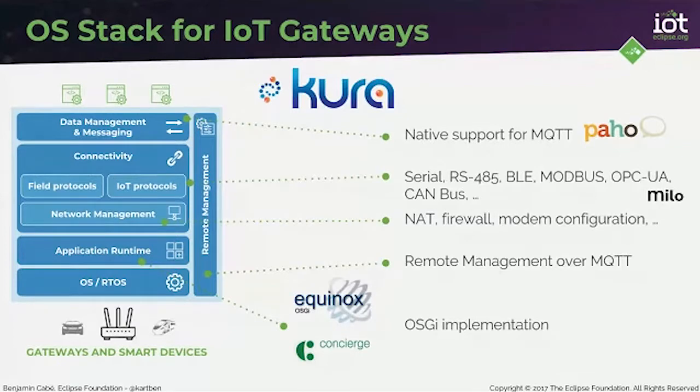Kura comes with built-in support for communicating over serial, to do Modbus, to do CAN bus, and things like that. It comes with support for managing all the connectivity, and with the abstraction of the messaging side of things.